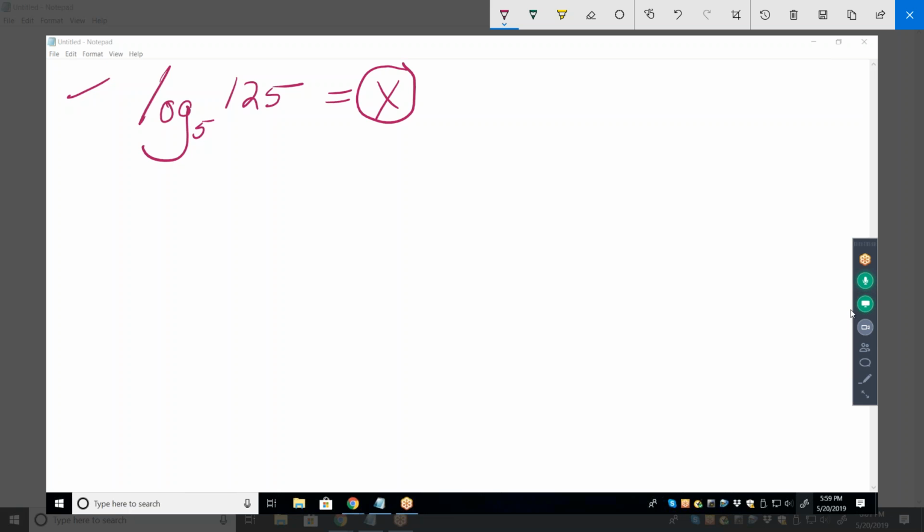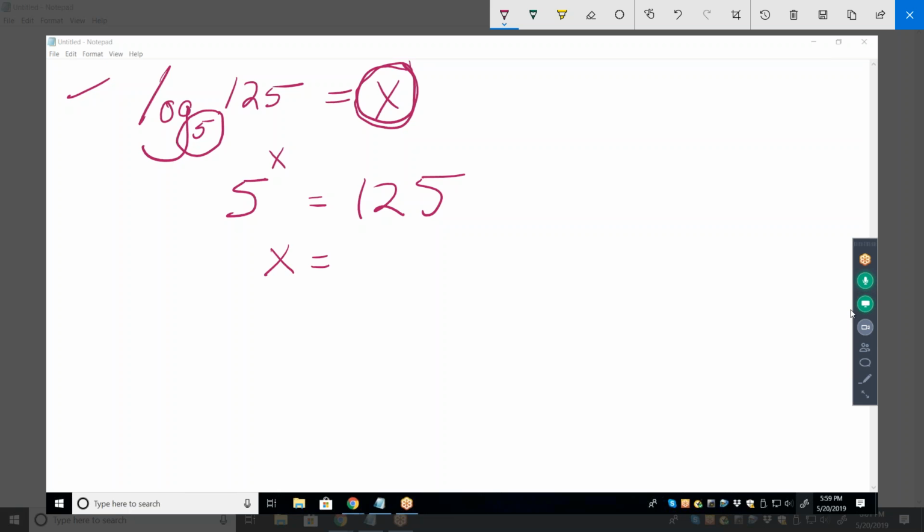Here's the way I do it. I take the number on the far left, I raise it to the power of the exponent, and it's equal to the argument. In other words, I start with 5 to the x equals 125. And now you can solve that without your calculator. What is x?